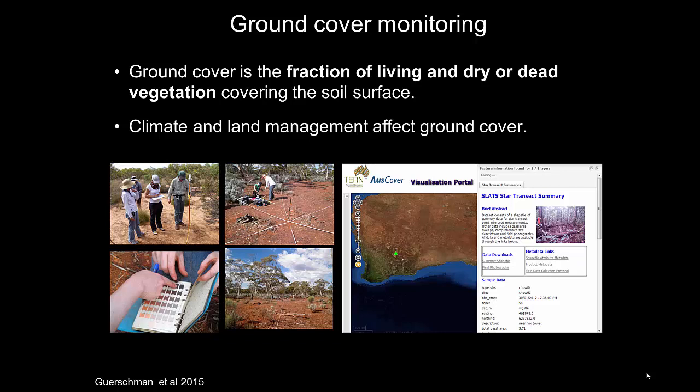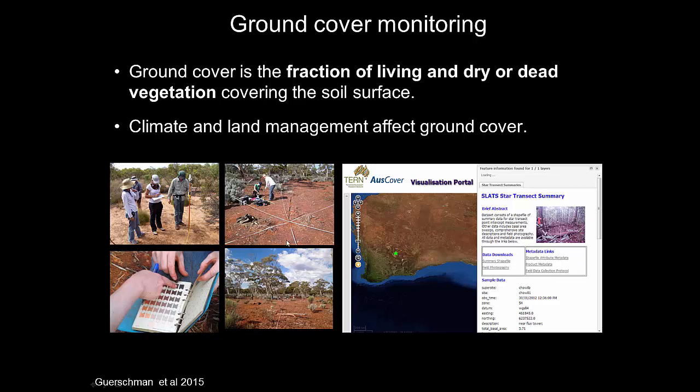Ground cover is the fraction of living and dry or dead vegetation covering the soil surface, and it is affected, for example, by climate and land use management. Here, this picture shows how ground cover can be measured on the ground using the line transect methodology.